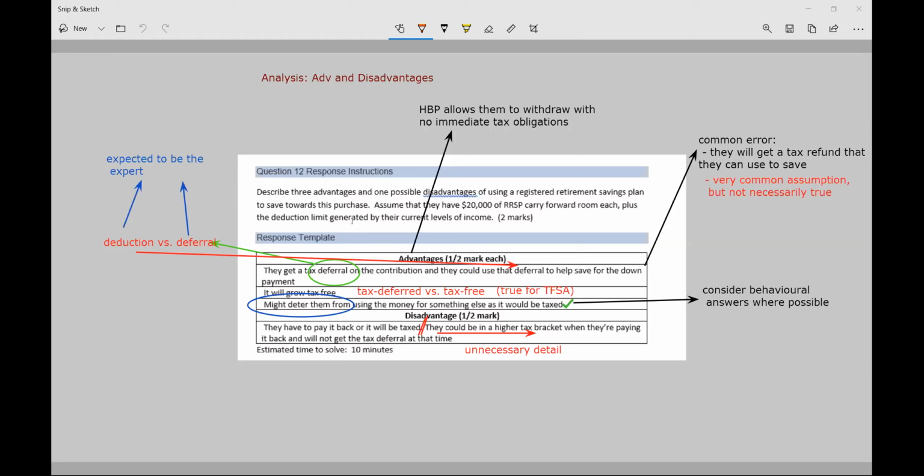But yes, a few of you did this, made the assumption that this was about the home buyer's plan. I think some of you read home buyer's plan here where it says RRSP. And it doesn't say that. Okay. Yeah, it is a little problematic, Shelley. I agree. Okay.